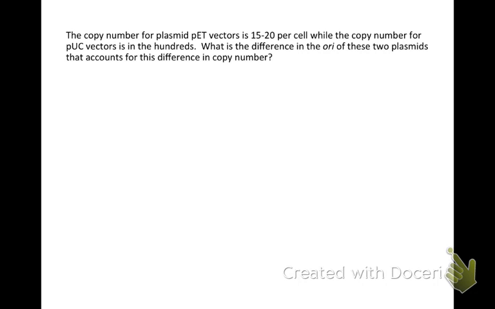This question was looking at copy number differences between pET and pUC vectors. Both of these are relaxed vectors, meaning that they are not coupled with the chromosome, but one is a very high copy number, pUC, and the pET vector is actually only about 15 to 20 copies per cell.